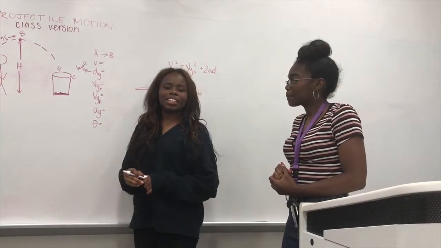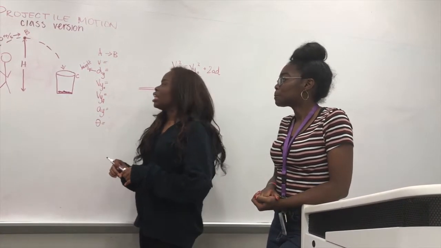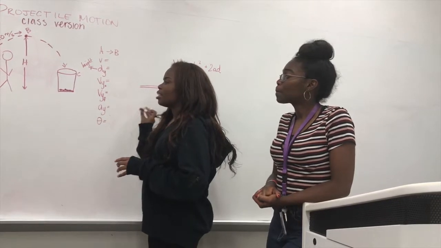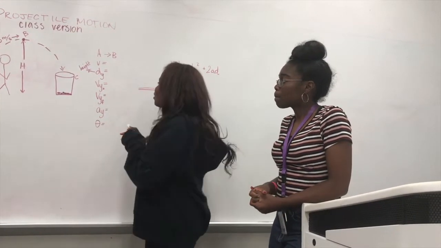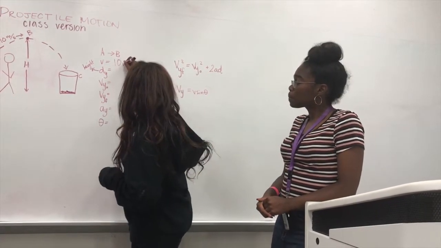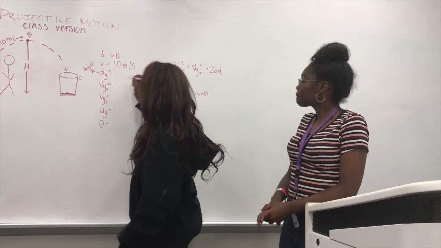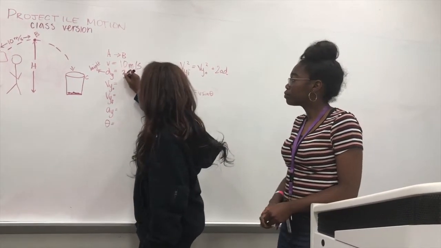Hi, I'm Tessia Franklin, I'm Lauren Rutherford, and we're going to explain to you the max height that John had to shoot over his opponent. We were given the velocity of 10 meters per second, and we're trying to find the max height in the y direction.